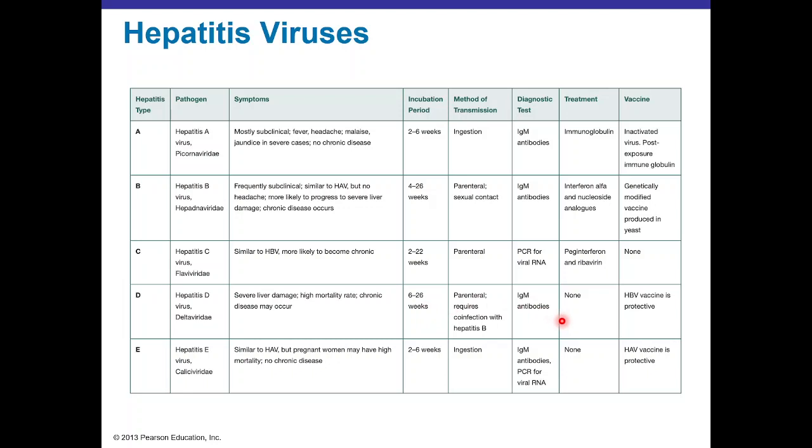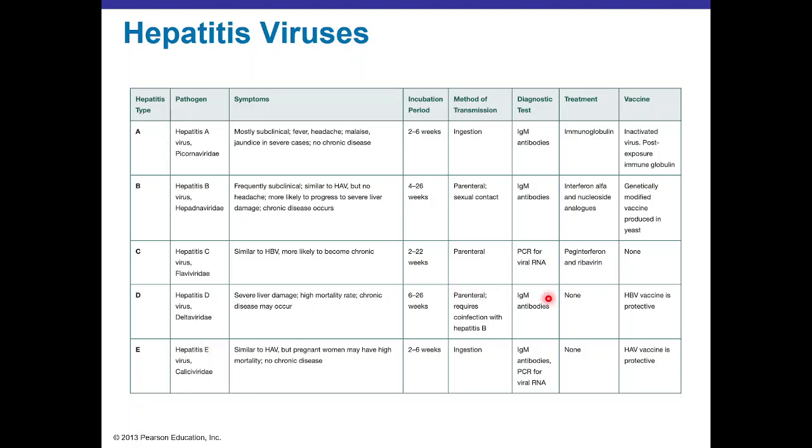Some of them can cause chronic infections, like hepatitis B and C, and can basically cause cancer of the liver. As for vaccination, we only have vaccines for hepatitis B and hepatitis A. For the rest, C, D, and E, we don't have vaccination. And the hepatitis B vaccination is protective for hepatitis D.